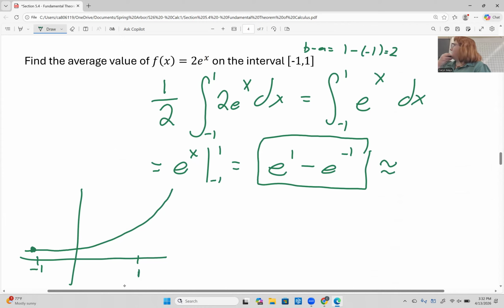This value there is e to the -1, and this value here is e. That's going to be 2.350402387. That's as far as we're going. Approximately 2.35.